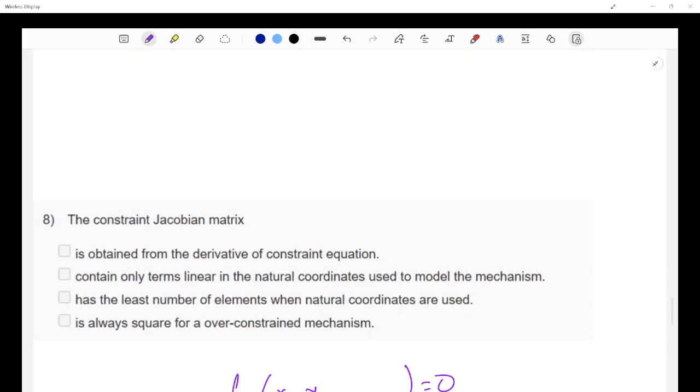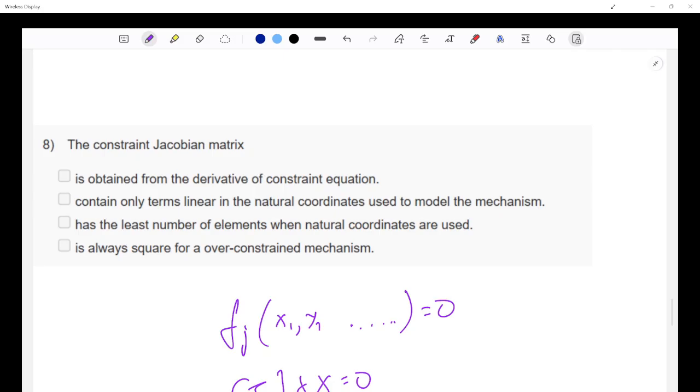So the option that it is obtained from the derivative of the constraint and contains only terms linear in the natural coordinates used to model the mechanism is correct. We saw the constraint equations using natural coordinates are at most quadratic, and if we differentiate, it's going to be linear.